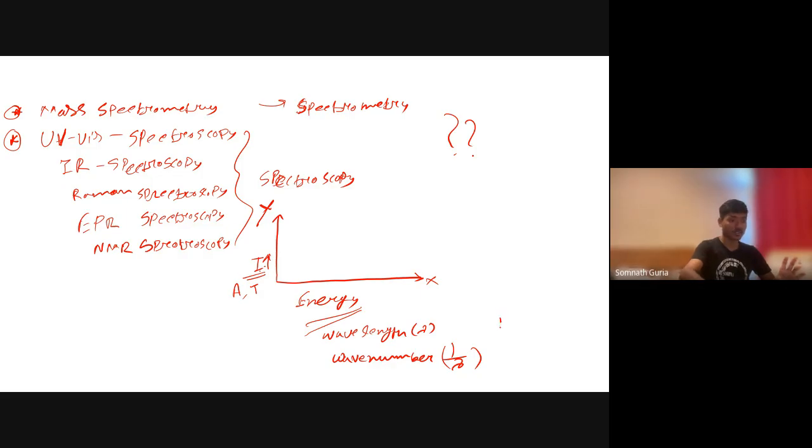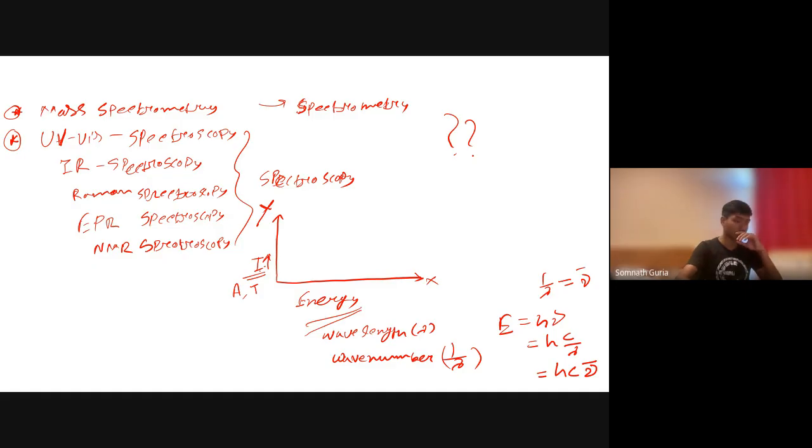As we know, E equals h nu. Nu is c by lambda, so E equals hc by lambda, and hc times nu bar, where nu bar equals 1 by lambda.